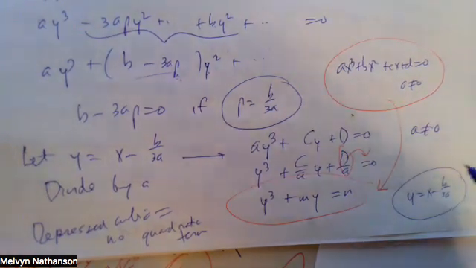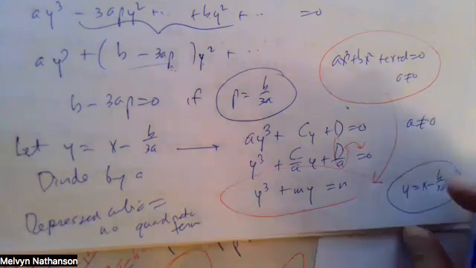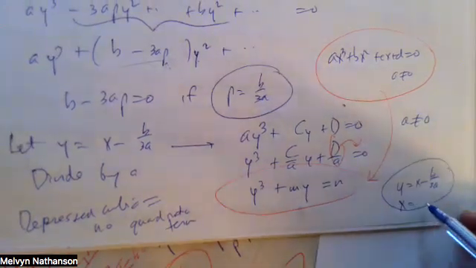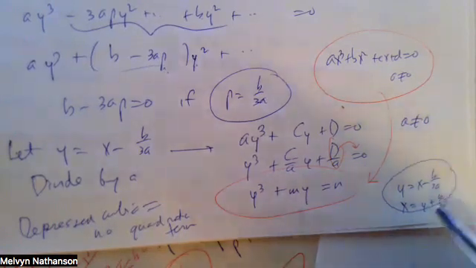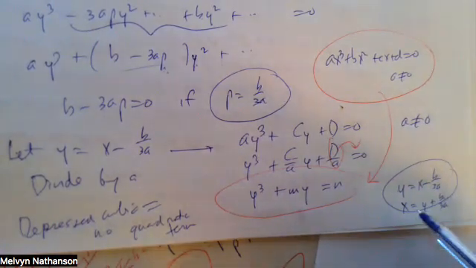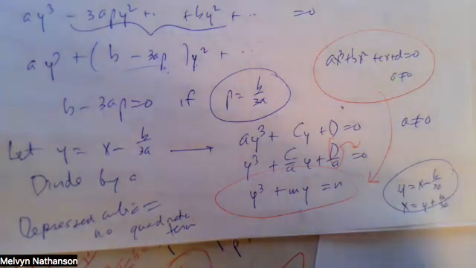So if you can solve this equation for y, then you know x, because if y is x minus b over 3a, then x is y plus b over 3a. So if you can solve this for y, then you can get x, which is the solution of the original equation.